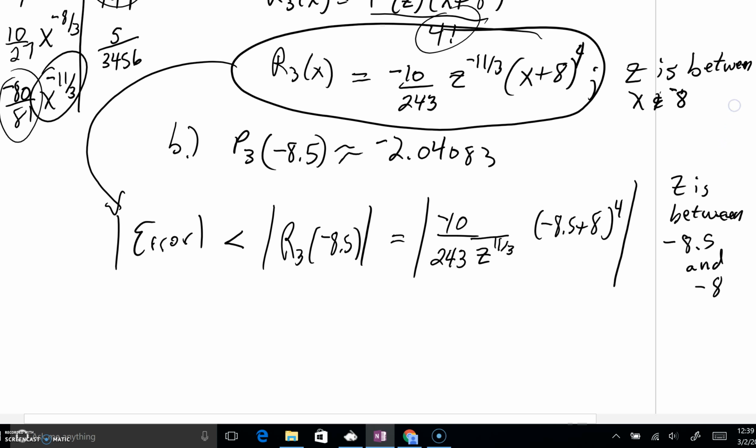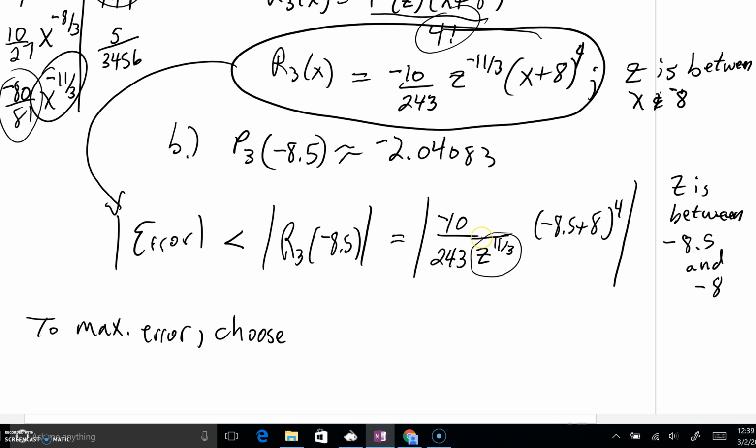Now, at this point, the big question is, since I don't know what z is exactly, what can we do here to maximize this error? And I'm actually going to write this down. To maximize the error, we're going to make a choice between these two values of z.